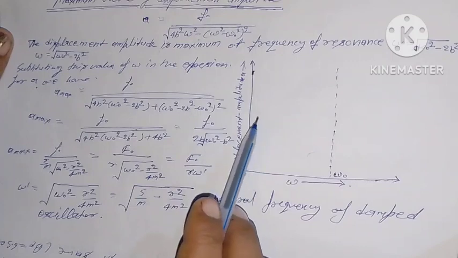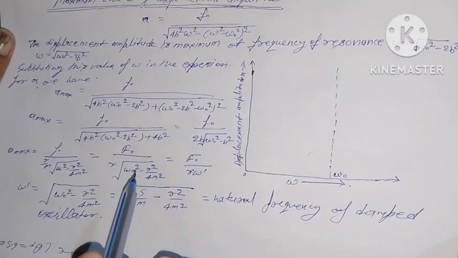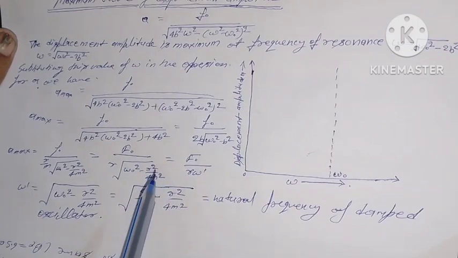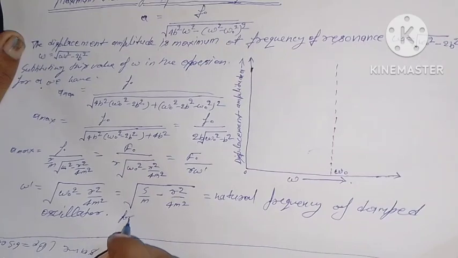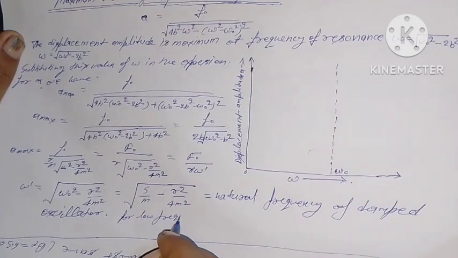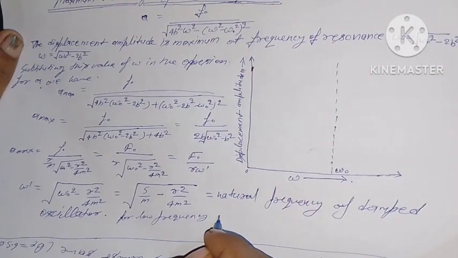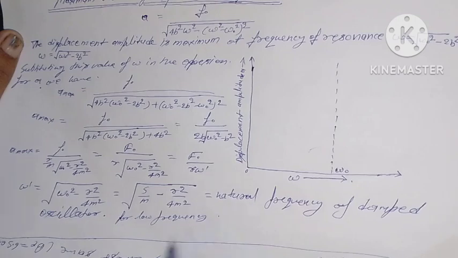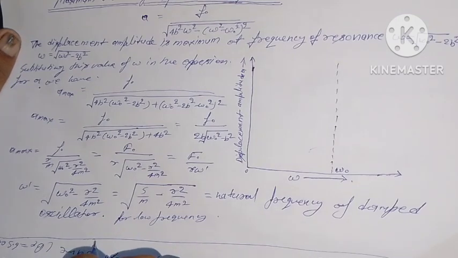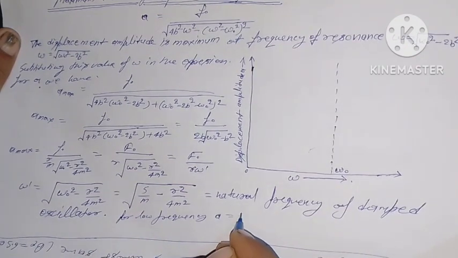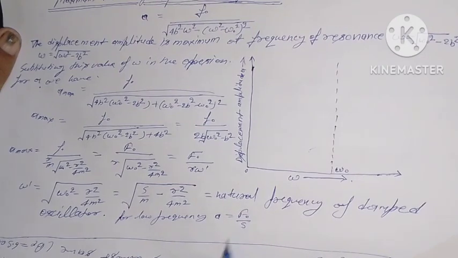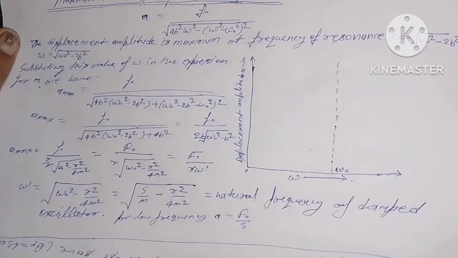Graphical representation. We have seen that the amplitude of forced vibration at low frequency is A equal to f naught by s, and it almost becomes zero at very high frequency.